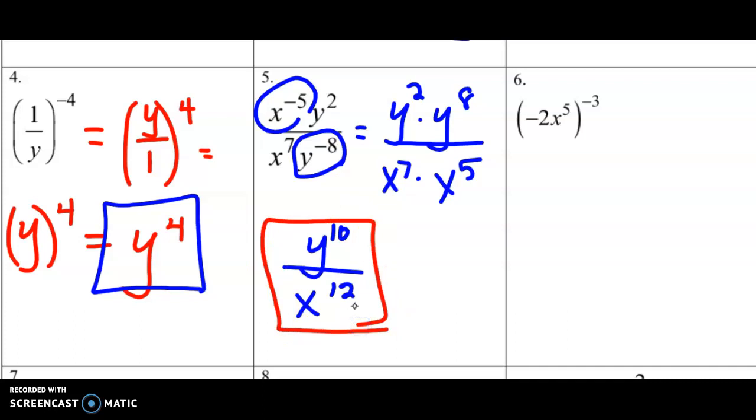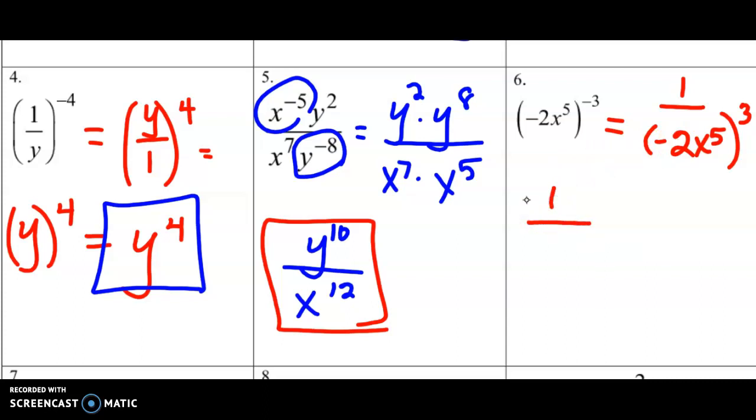Again, this whole thing is being raised to a negative, so we're going to force that whole thing into the denominator. And now this is a positive 3. I love this because of the negative 2. That's not an exponent, so it doesn't move. The negative 2 is a coefficient.